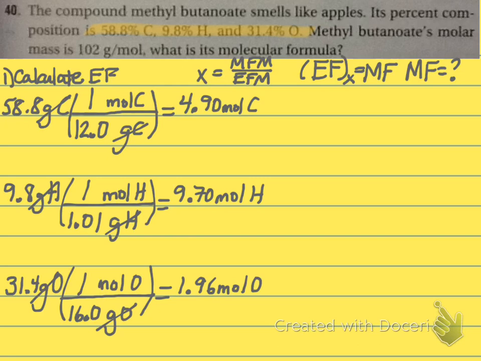So our trick to get whole numbers like we need is to take all of these numbers and divide by whichever one is the smallest. In this case, that's the oxygen. So we're going to take all of these answers and divide them by the 1.96.